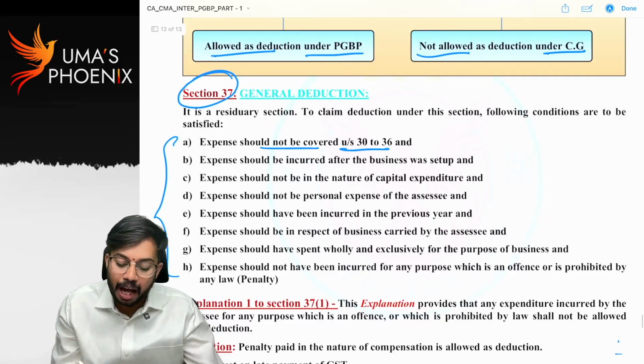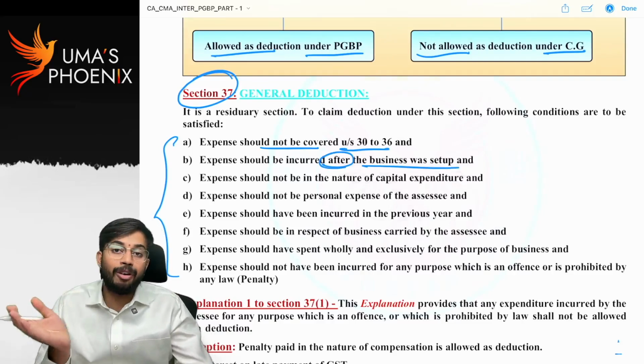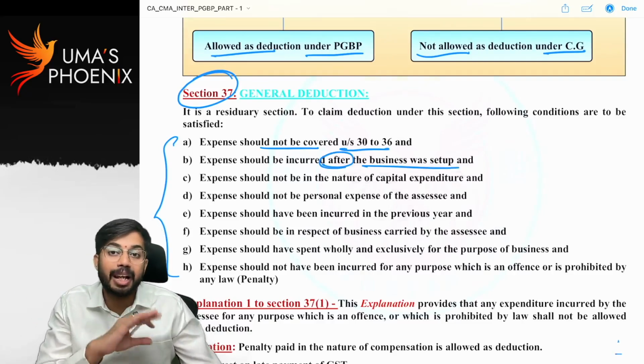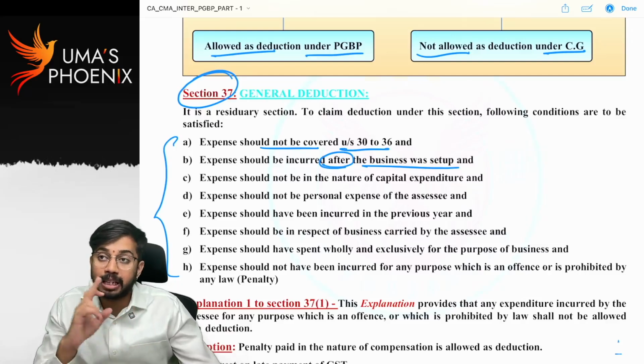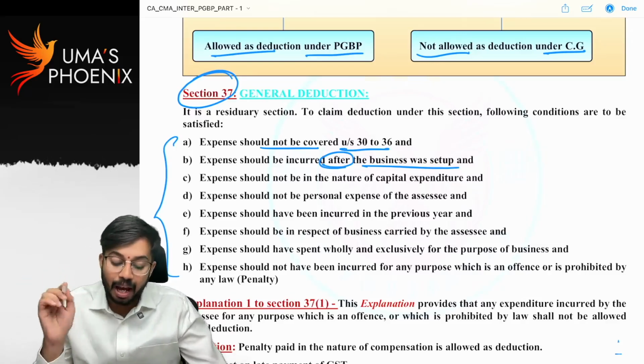Second condition, expenditure should be incurred after the business was set up, because before business setup, if any expenditure is incurred, that is preliminary expenditure. For preliminary expenditure, separate section is there, 35D. So that's why preliminary expenditure is not allowed as deduction under section 37.